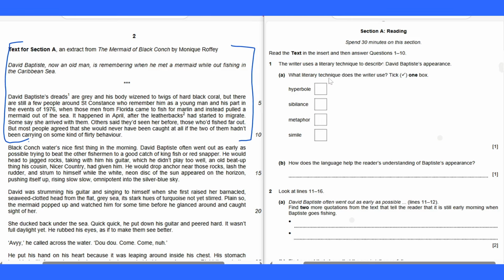Hyperbole, sibilance, metaphor, or simile. Choose one of these. So let's take a few seconds to read this one.